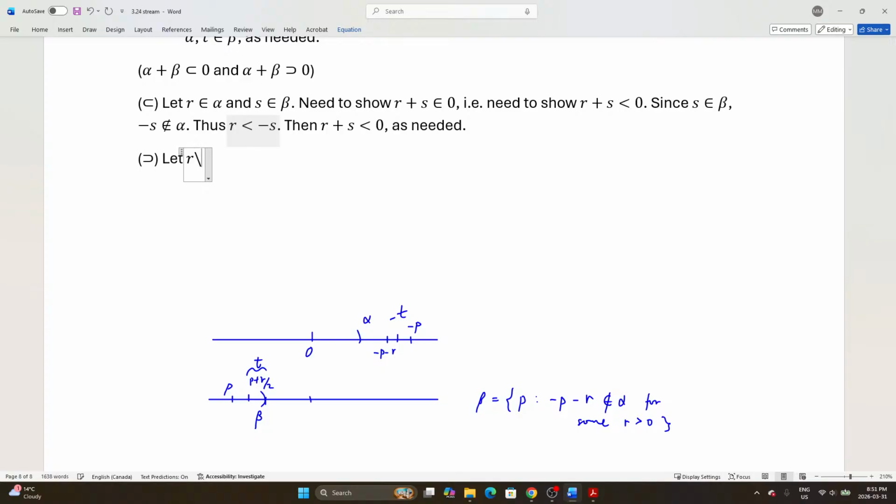Should we use a different letter? It doesn't matter. Let's say R is in 0.